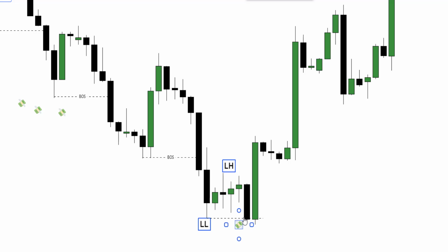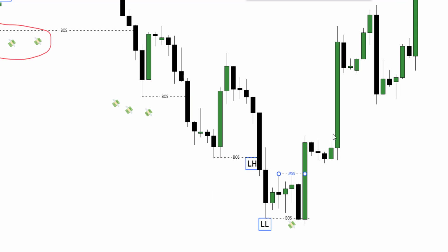It broke structure actually first, but we knew it was liquidity when we finally take out the lower high. Remember, I told you a shift in structure can only happen when we finally take out either a lower high or a higher low. All right, that is in the case of an uptrend.